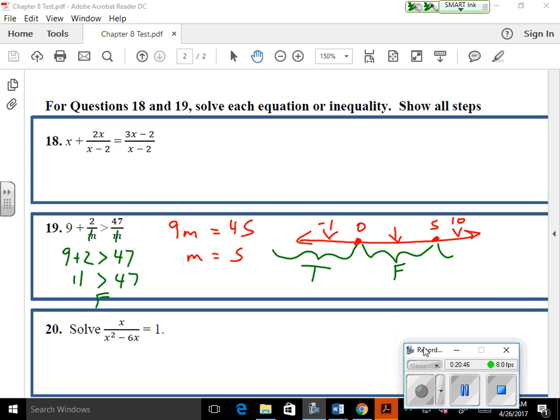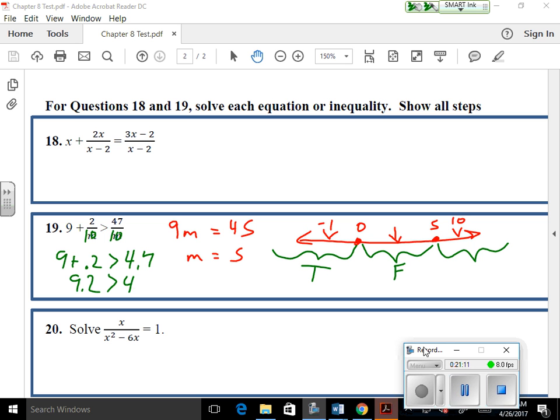Now we go to the last region. What if m was 10? Well, we get 9 plus 0.2, it's 2/10. Is that greater than 47 divided by 10, which is 4.7? Okay, 9 plus 0.2 is 9.2.